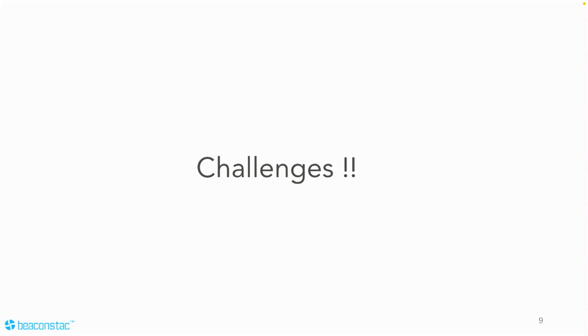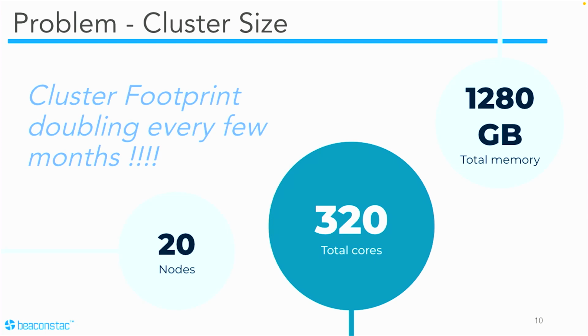Okay, yeah. So I'm just going to talk about challenges. Specifically with Elasticsearch, we were running it for a while, and we kept running into problems where we had to scale Elasticsearch again and again. Every six months we had to scale up the systems to twice the size to meet our needs.